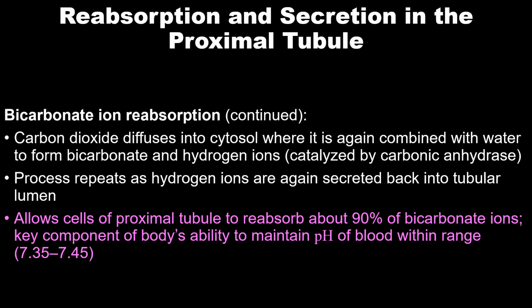And so again, the sodium-hydrogen antiporters are just going to bring more sodium in and kick more hydrogen out. Through this mechanism, these cells resorb about 90% of all bicarbonate ions from the filtrate. And so this is what allows the body to maintain a very precise blood pH between 7.35 and 7.45. We should see that process here.